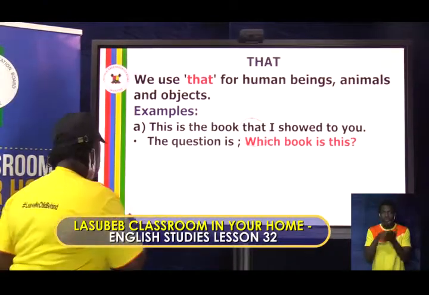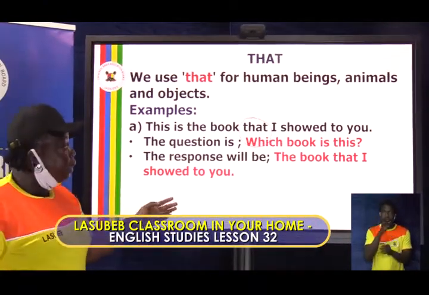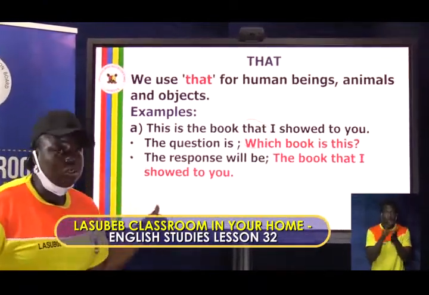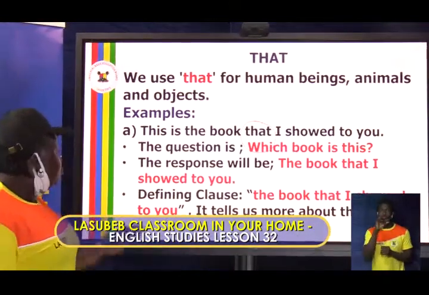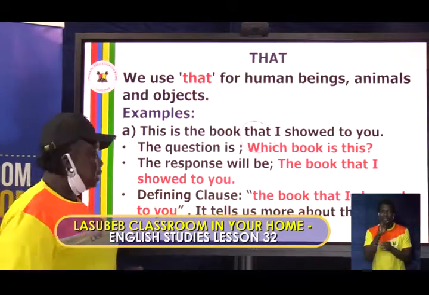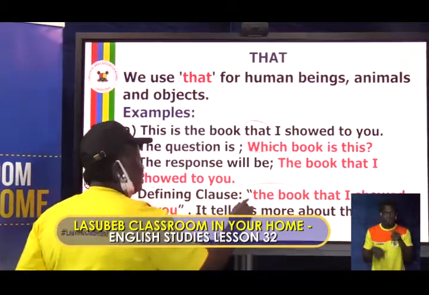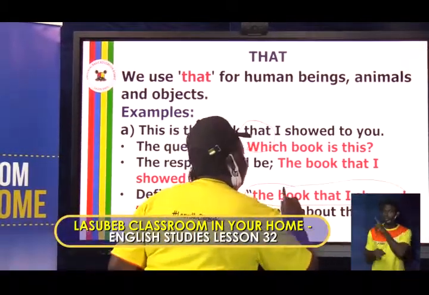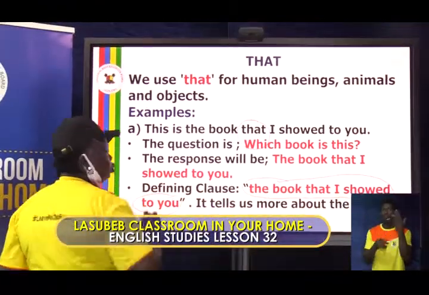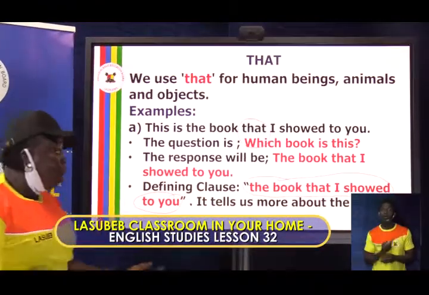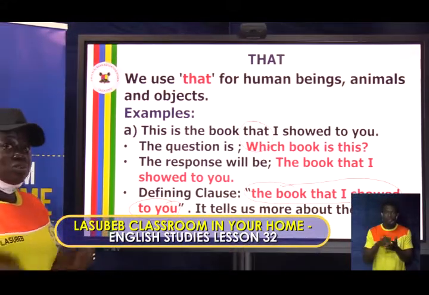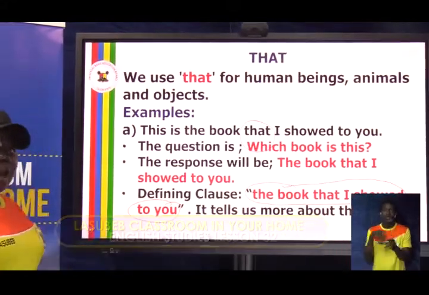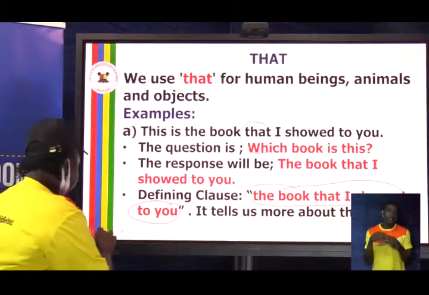And the response will be the book that I showed to you. So the defining clause in the sentence is what? Let's say it together: the book that I showed to you. It tells us more about the book. Don't forget we said it's going to describe.